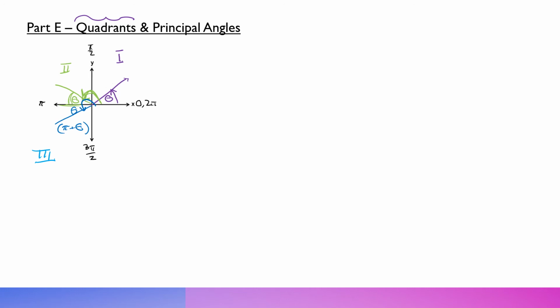And then the last one is quadrant 4. I'm putting theta down here in quadrant 4 and rotating all the way around to that. If I kept going all the way, I would have gone 2 pi, but I'm going to subtract theta from that to get that red rotation. So that's theta in each quadrant and how it relates to pi or to 2 pi.